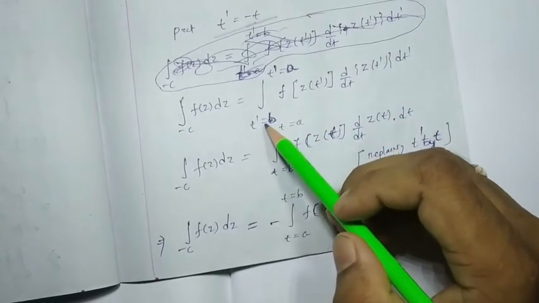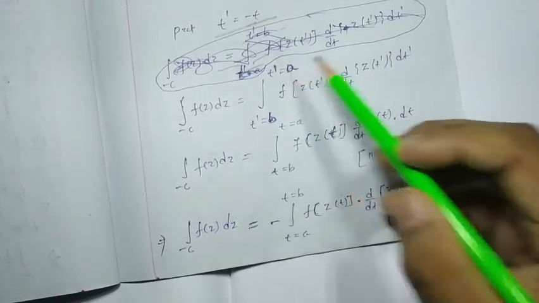So this limit is t dash equal to b to t dash equal to a.